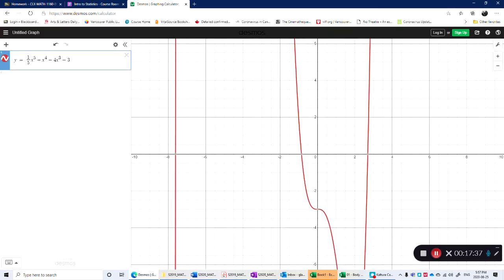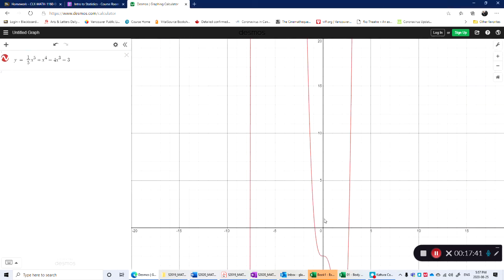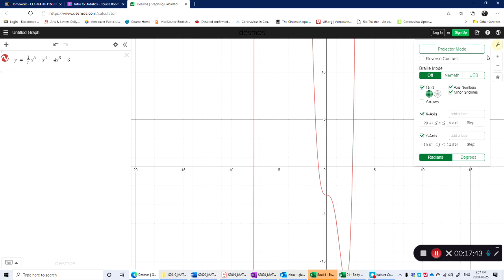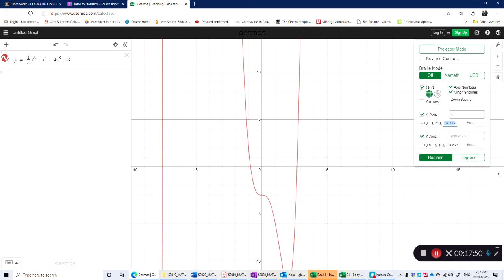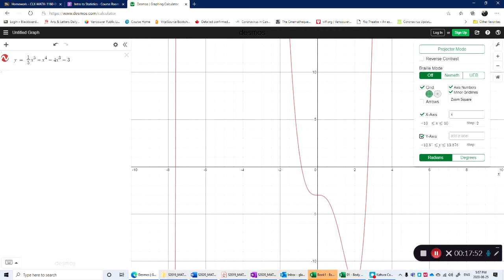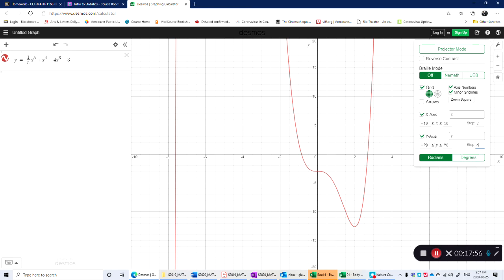Okay, so that's a strange graph. We have to zoom out in order to see it properly. Let me make it go from minus 10 to 10. And the y-axis, we can go from, I don't know, minus 20 to 20. Let's see how that looks.